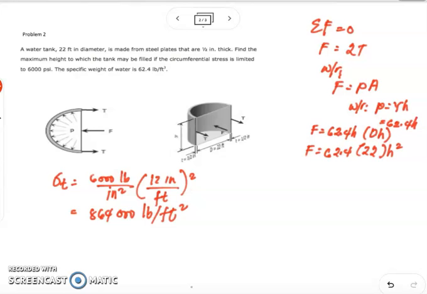Simplifying this, we have 1,372.8 H squared.